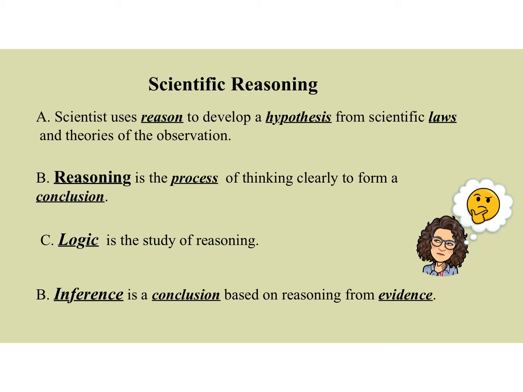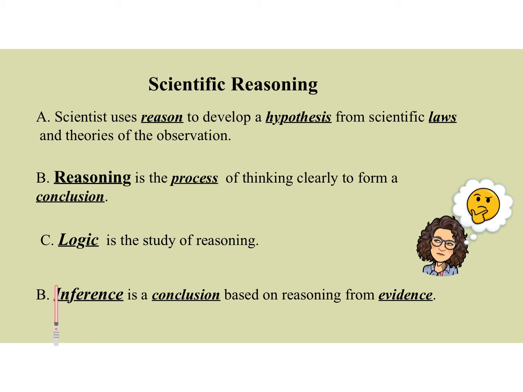Now, you also need to understand what logic is. Logic is the study of reasoning. So one who would be studying reason would be studying logically. Now, proper reason also involves inference.